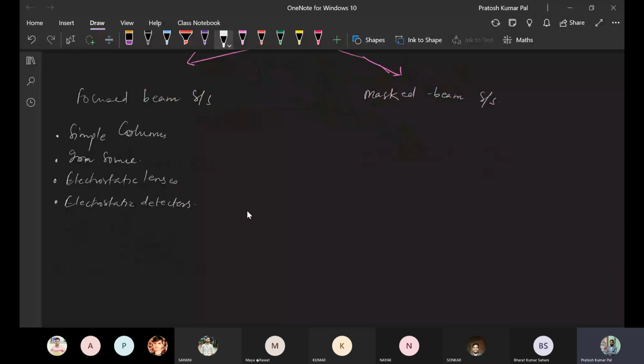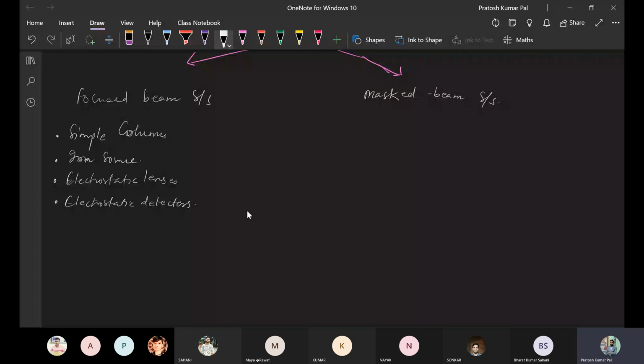The next one is the masked beam system. Here in the masked beam system, we will be using some masks. In the focused beam system, we will not have the mask. This masked beam system is further divided into two types.